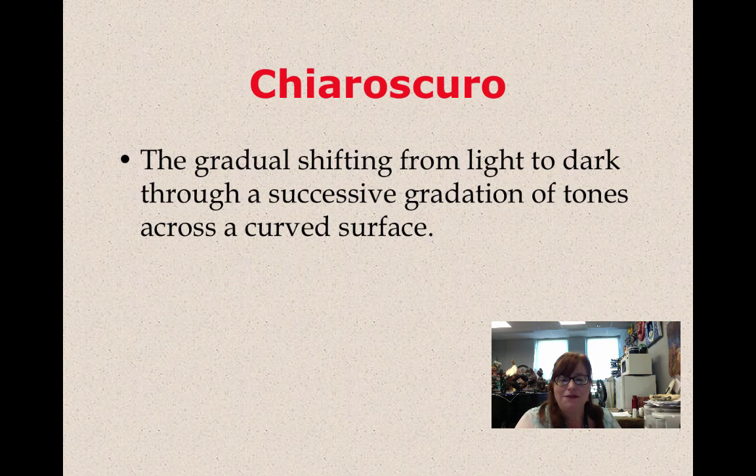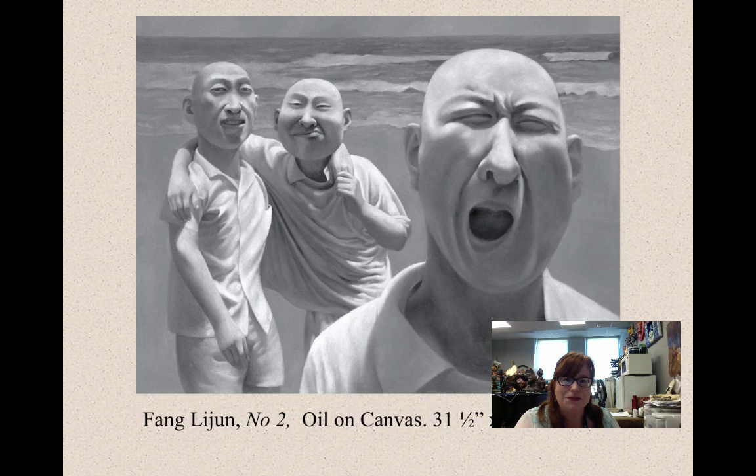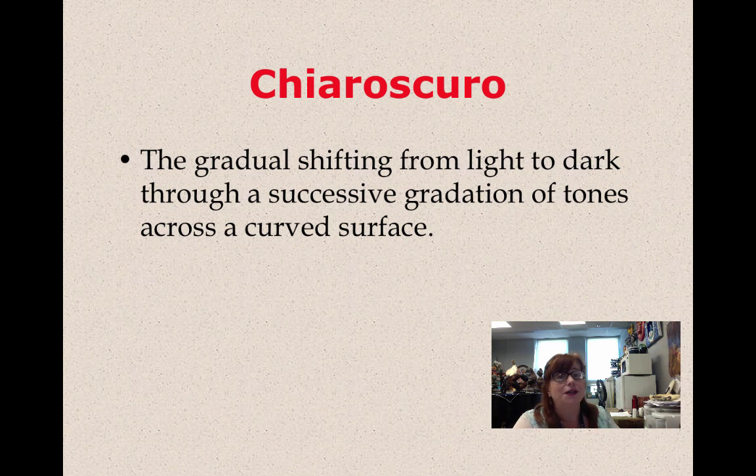And you have this a little bit here, this next word, chiaroscuro, correctly. It's an Italian word, and what it refers to is the gradual shifting from light to dark through a successive gradation of tones across a curved surface. And this term came about in Renaissance Italy, when artists were very interested in trying to create a three-dimensional illusion on canvas.